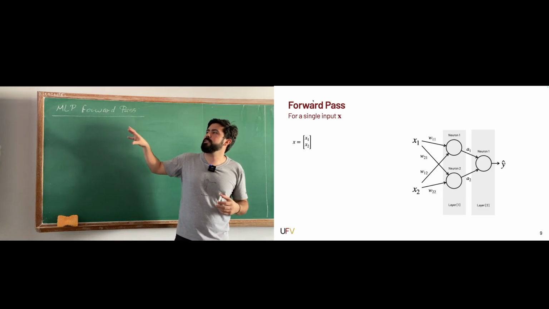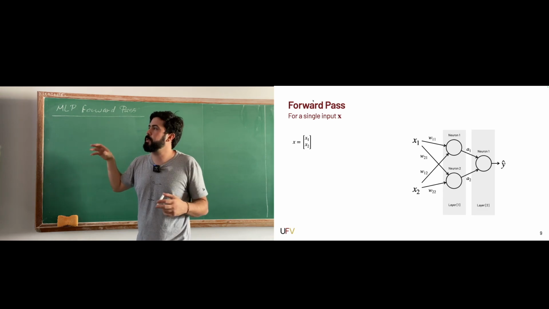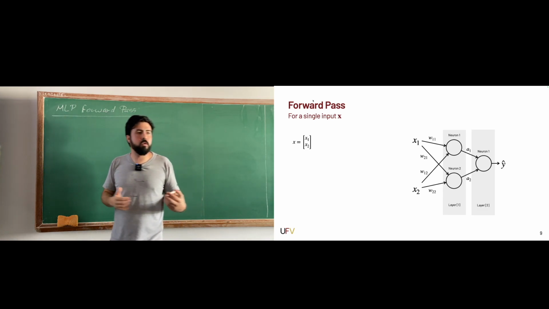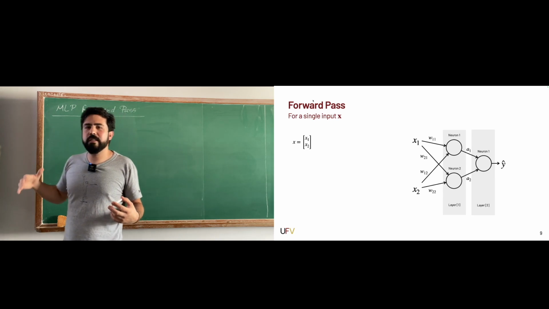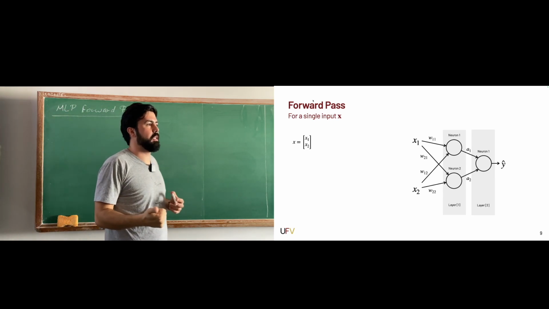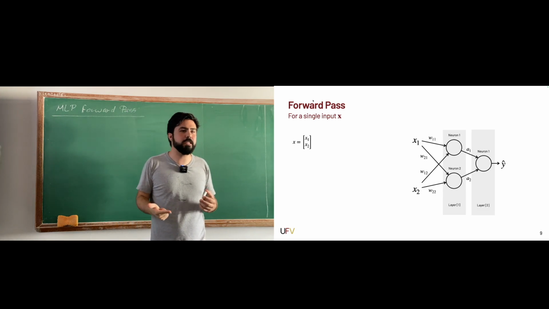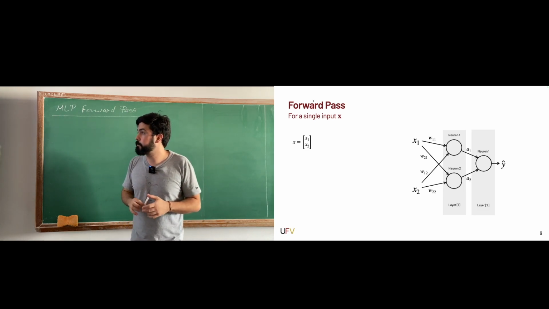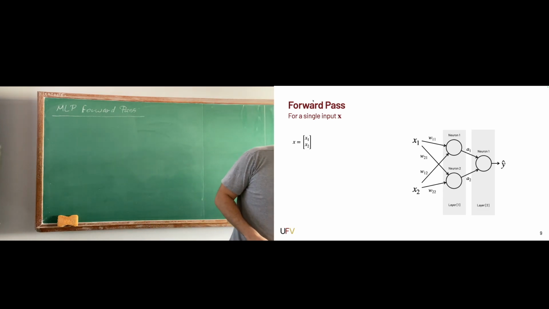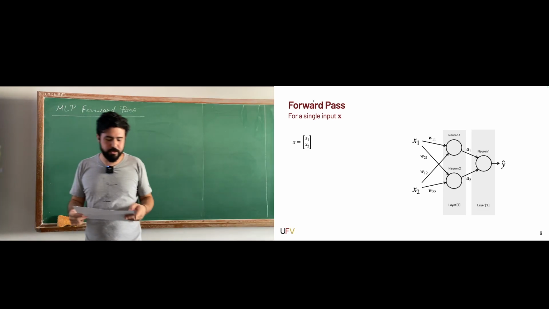We're going to train this model or any MLP or any neural network from now on using gradient descent. So this means that regardless of the architecture we use, we're going to need a loss function and compute the gradients.